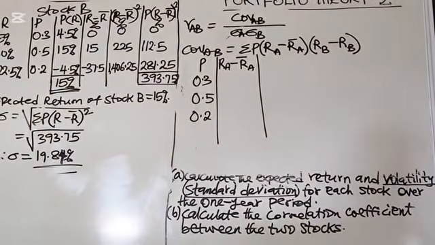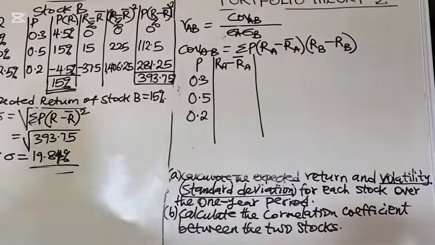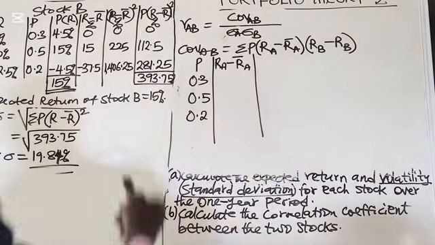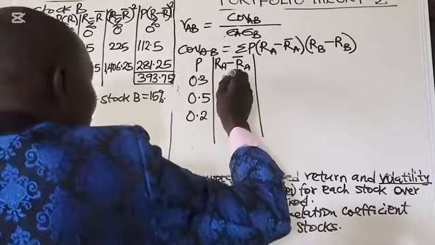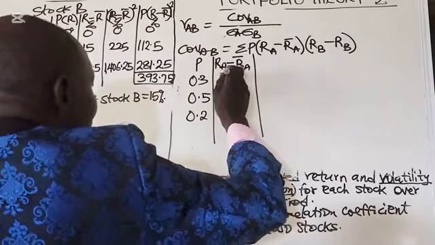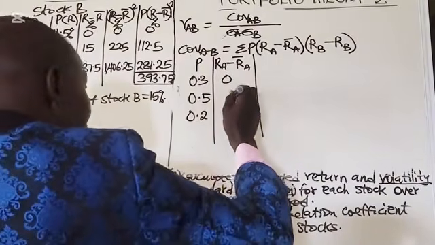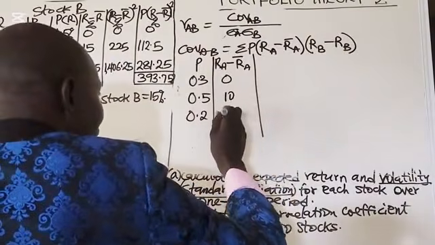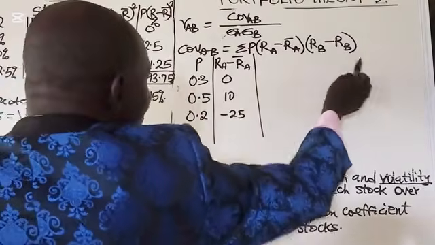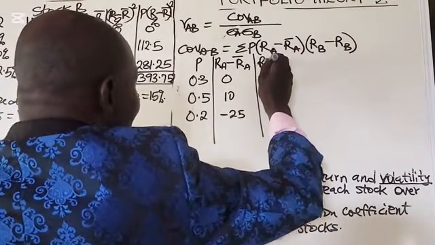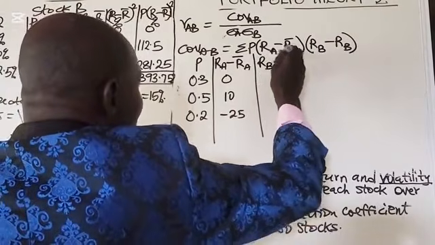Remember, I modified the formula by including A so that you know the calculation is for A. Then we equally need that of stock B, returns of B minus expected returns of stock B.